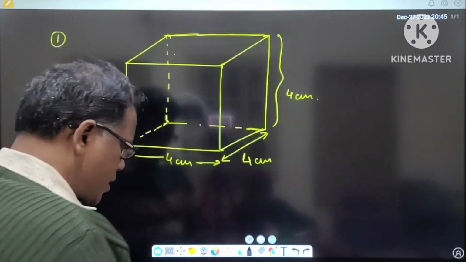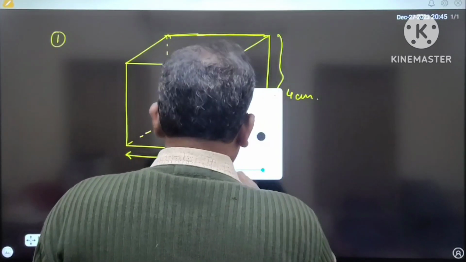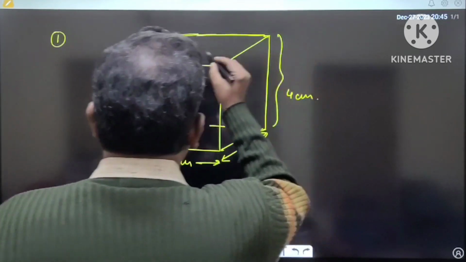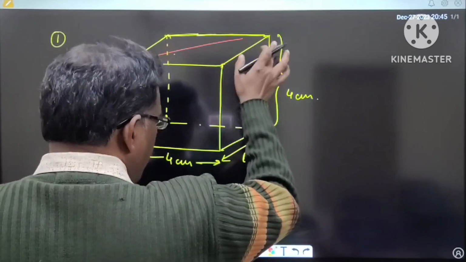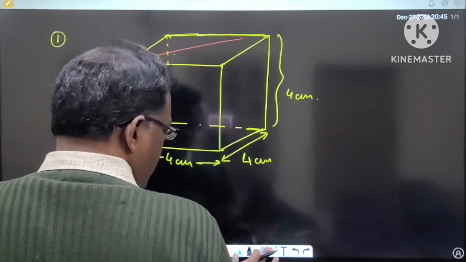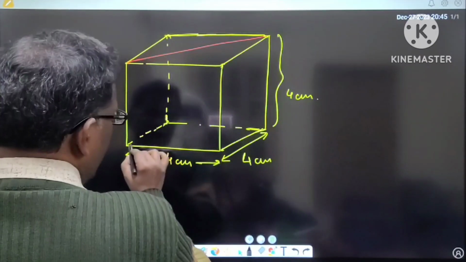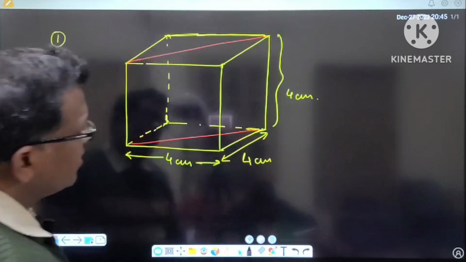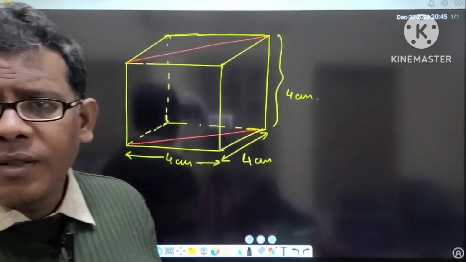Now my question is a little different from this cube. Suppose I cut the cube like this, this is the surface. Are you able to understand the geometry?